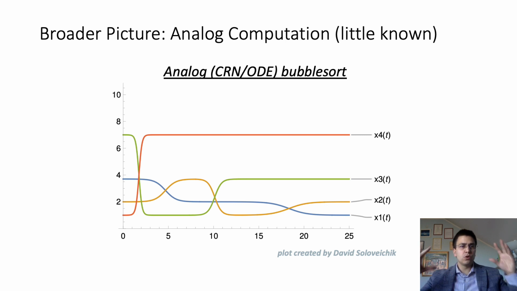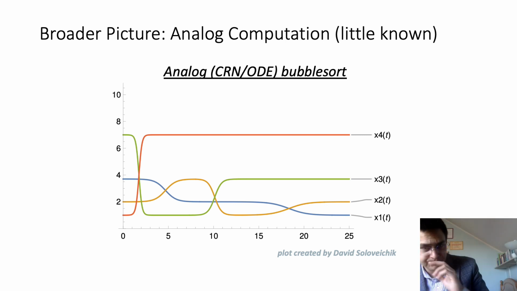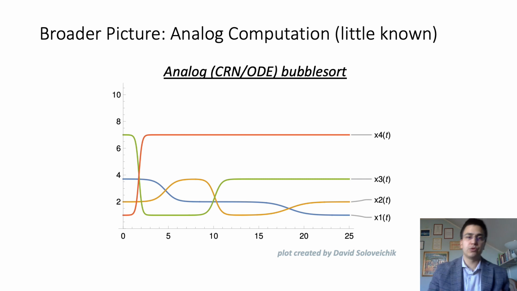To put all this research in a broader picture, let's briefly talk about analog computation. And here is one ODE system or a CRN that computes the bubble sort algorithm. Note that CRNs are also an analog type of computation.